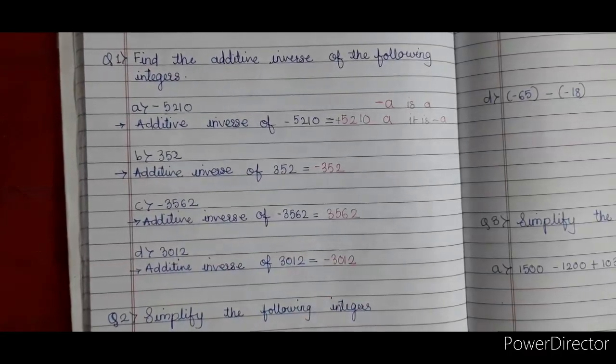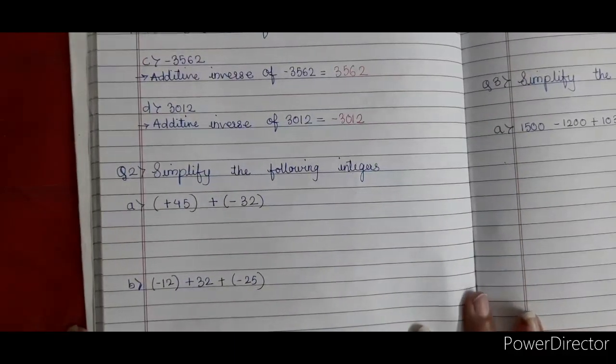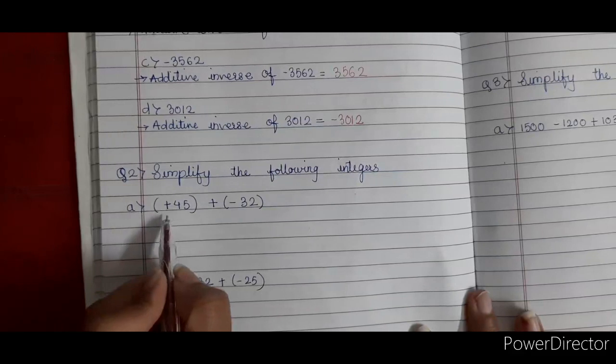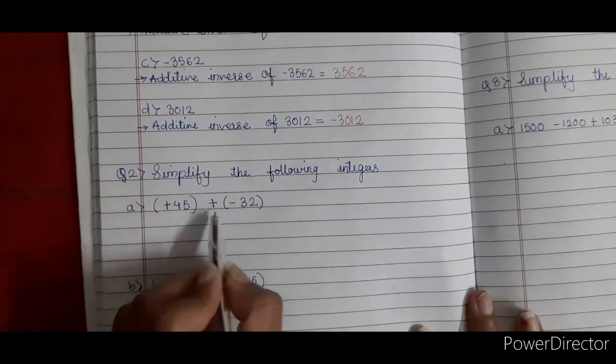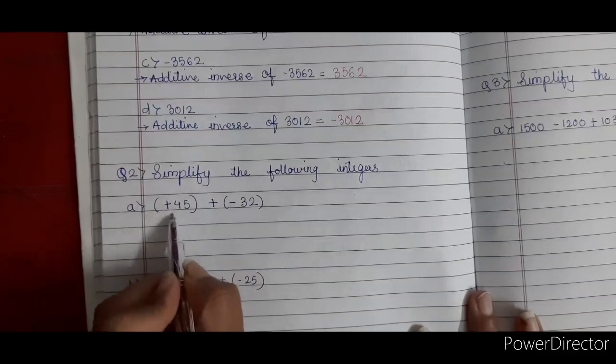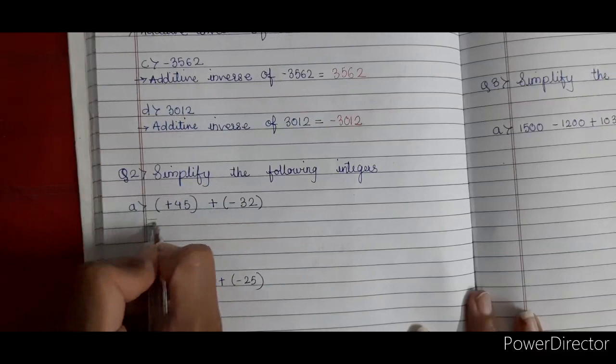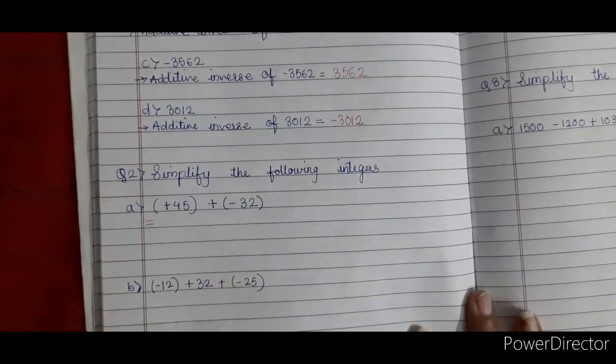Okay, now let us go for the second question. Simplify the following integers. You can see that I have the first two integers which are to be added, that is plus 45 plus minus 32. And we all know how to add two integers. We will look for the sign.